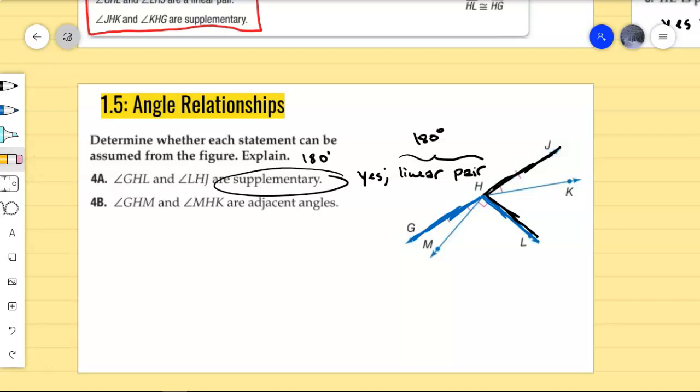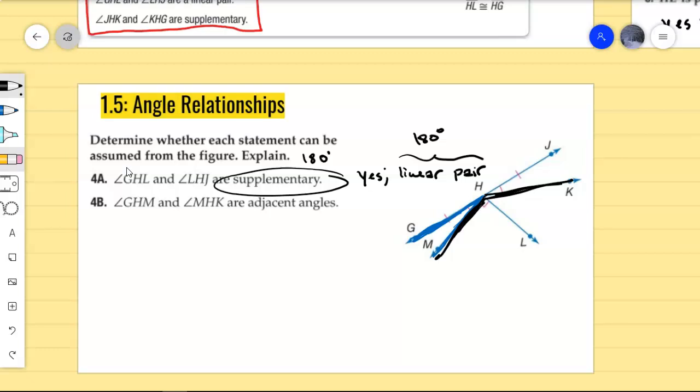All right. Let's go to letter B, and that's the last part of this lesson. Letter B says GHM. So I know it takes some time, but I'm just highlighting these for you so you can keep track. GHM and MHK are adjacent angles.